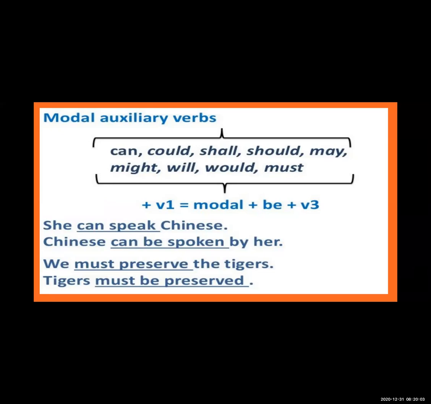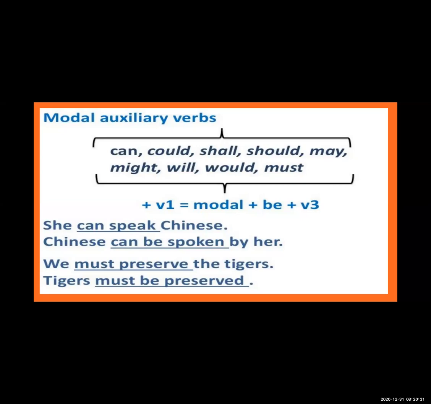Why have we taken that? Because you can see we have written the formula: model plus be plus verb 3. So subject plus model will be there. Can is the model auxiliary. Yes, you can see in the bracket can, could. So that is the model auxiliary. We have taken can as the model plus be; simply you have to add be, can be.